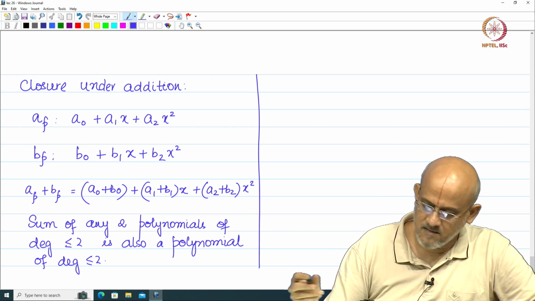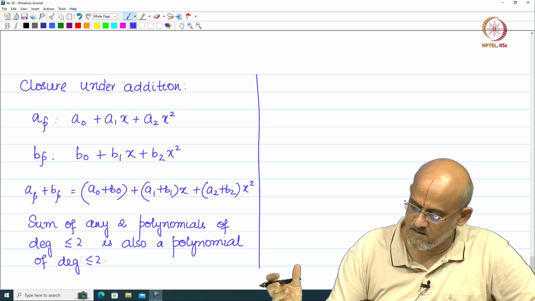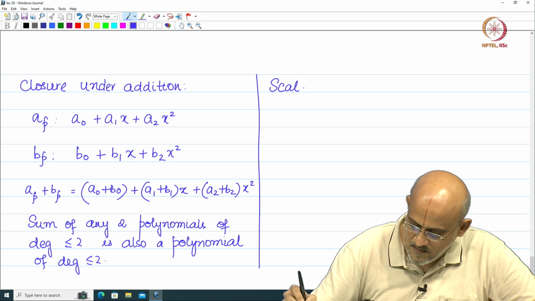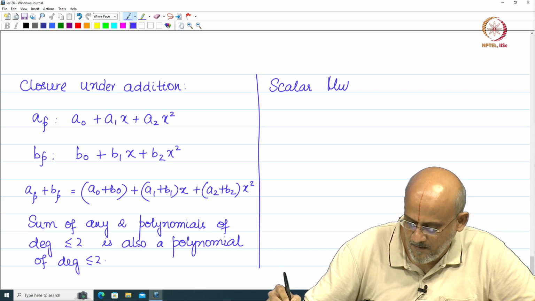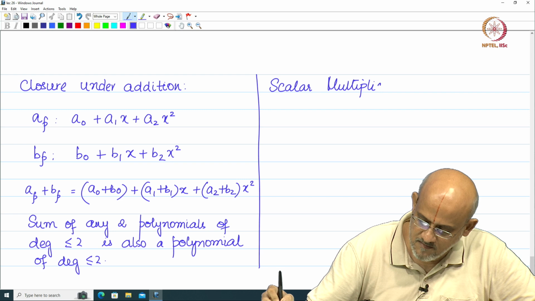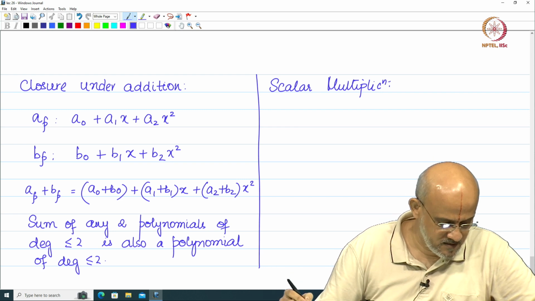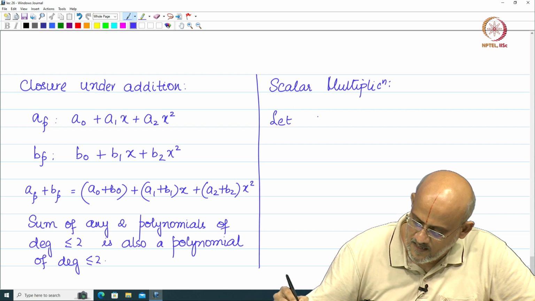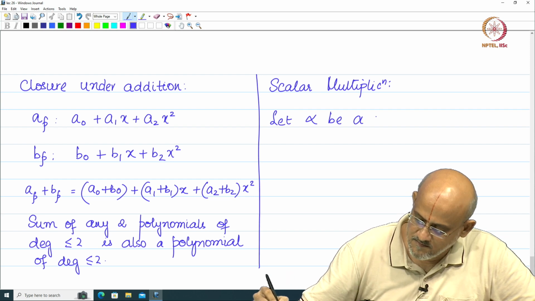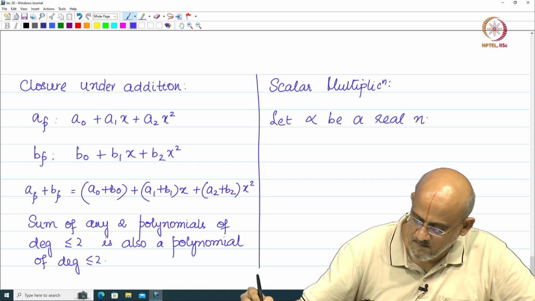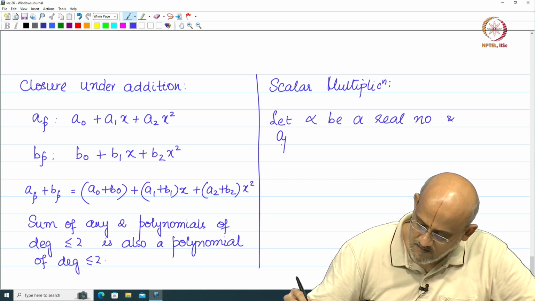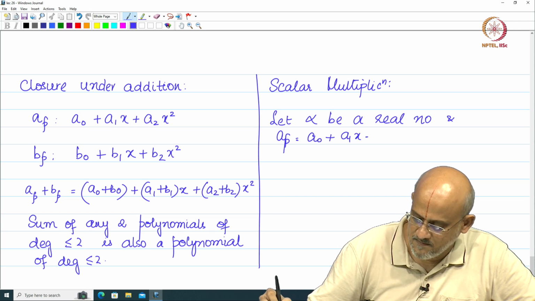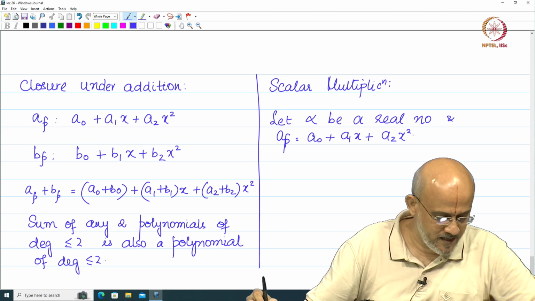Then you can look at all the other properties like commutativity. Okay, let us do scalar multiplication. Suppose I let alpha be a real number and let the polynomial be A naught plus A1x plus A2x squared.